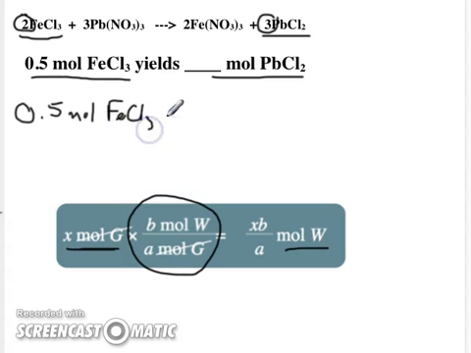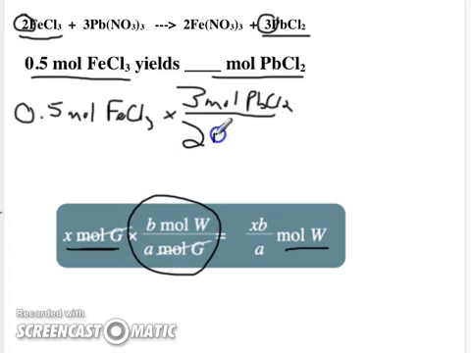Now I set up the mole ratio. It's what we want over what's given. So we want the PbCl2, so that's going to be 3 moles PbCl2. And what's given, what we start with, is FeCl3, so that's going to go on the bottom of this conversion factor: 2 moles FeCl3.